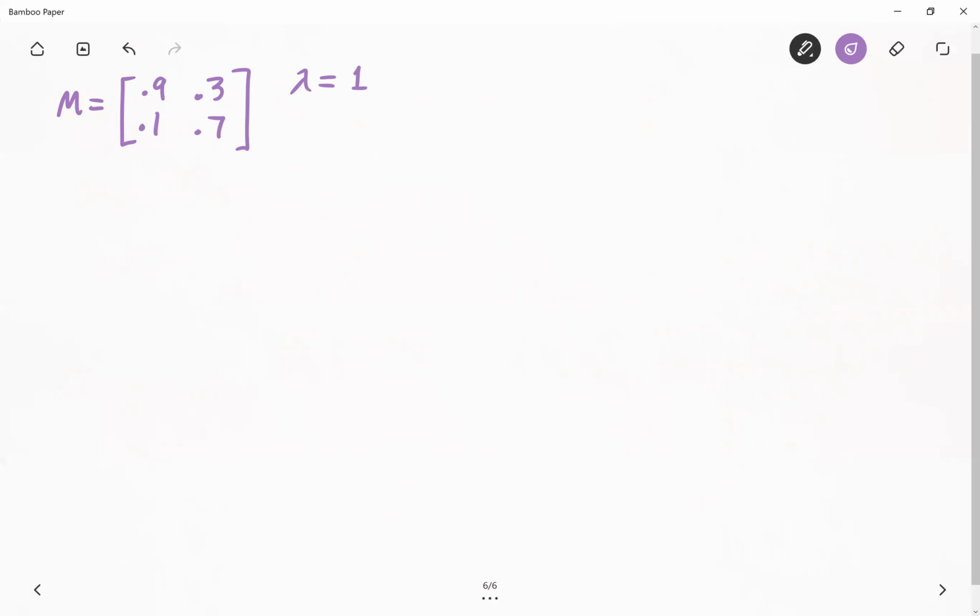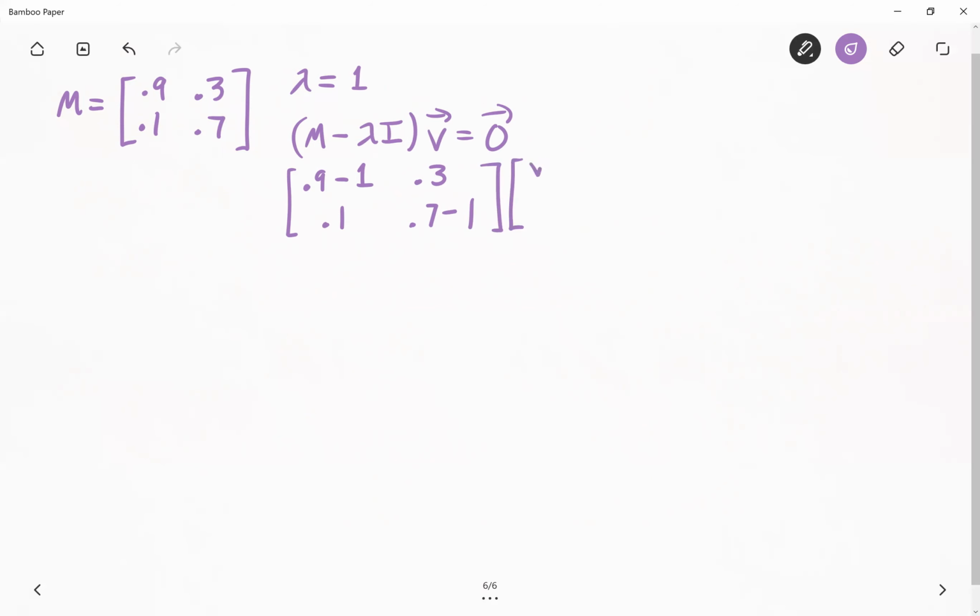So you might recall that the eigenvector eigenvalue equation, I have M minus lambda I times the eigenvector v equals the 0 vector. And so I'll write this as 0.9 minus 1, 0.3, 0.1, and 0.7 minus 1 times this eigenvector, v1, v2, equals the 0 vector.